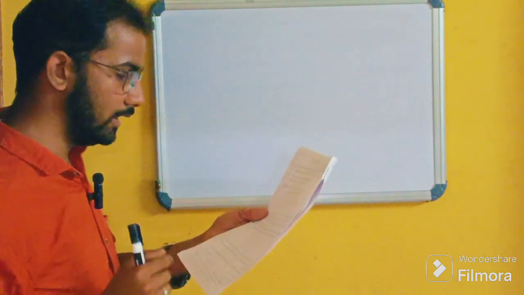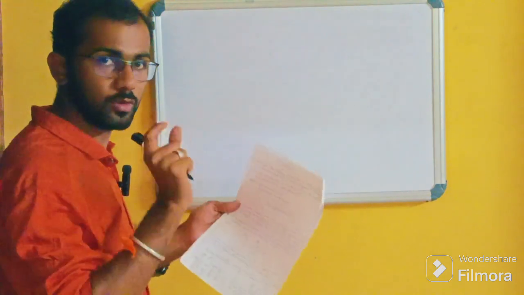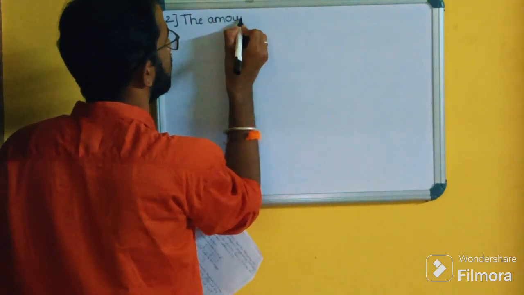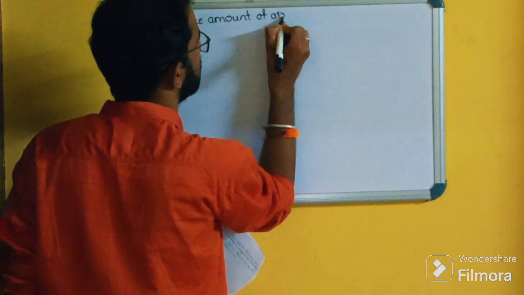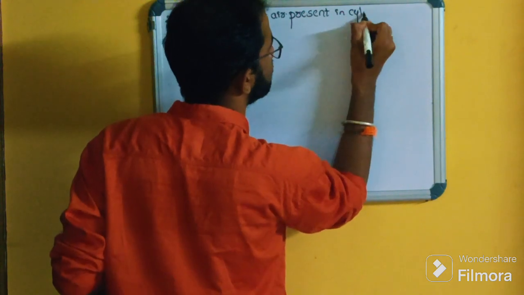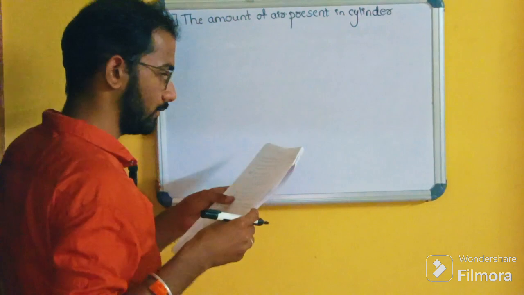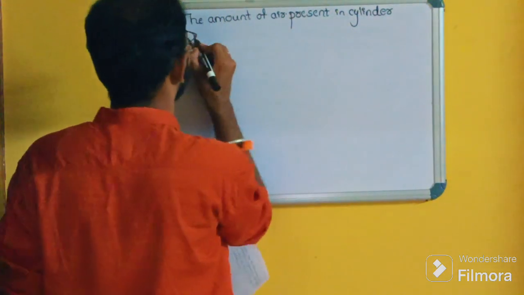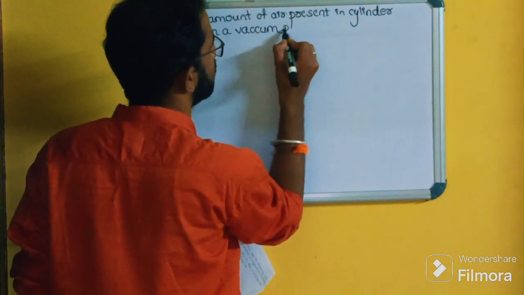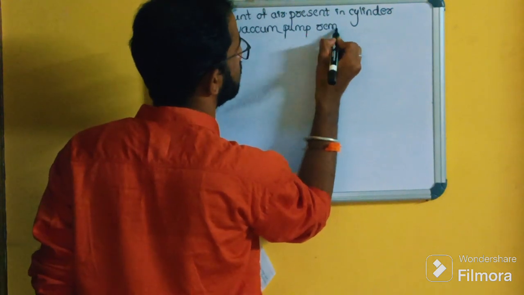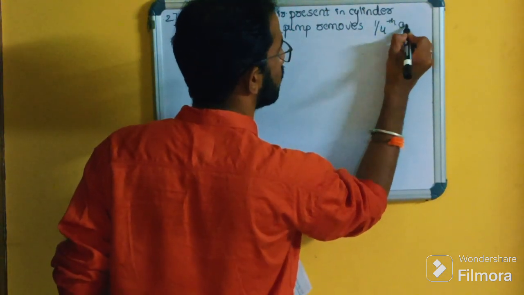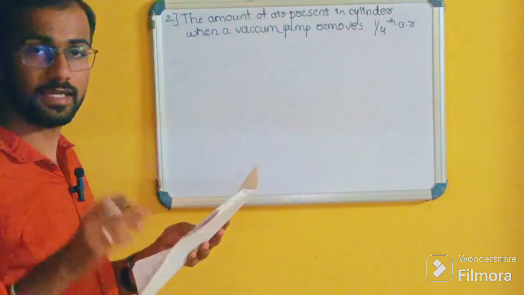So see here, the amount of air present in a cylinder, when a vacuum pump removes one fourth of the air remaining in the cylinder at a time.